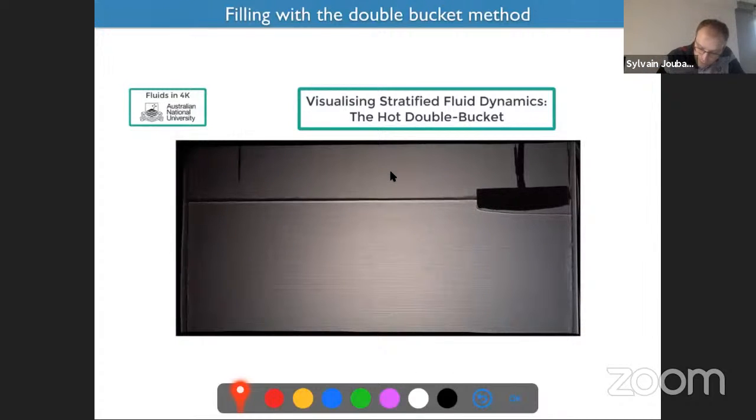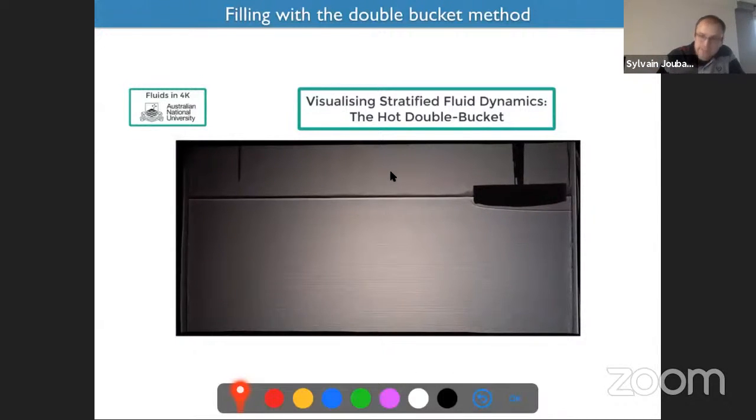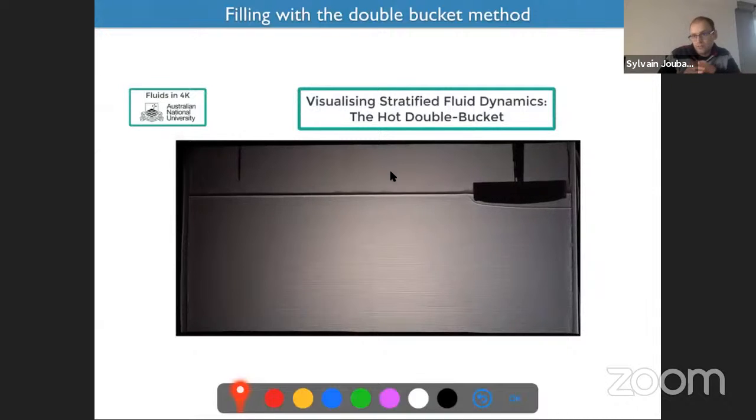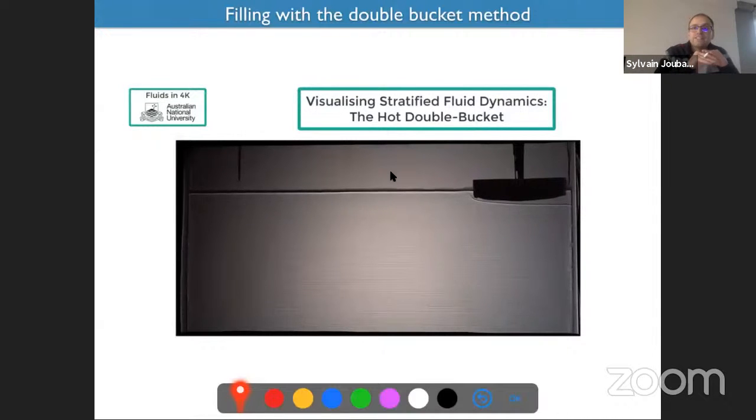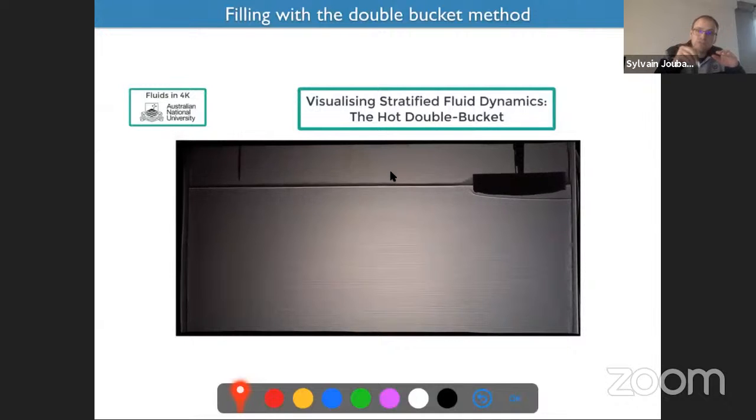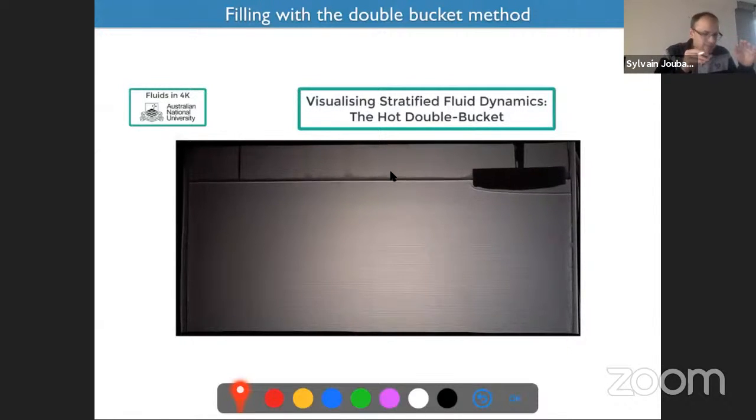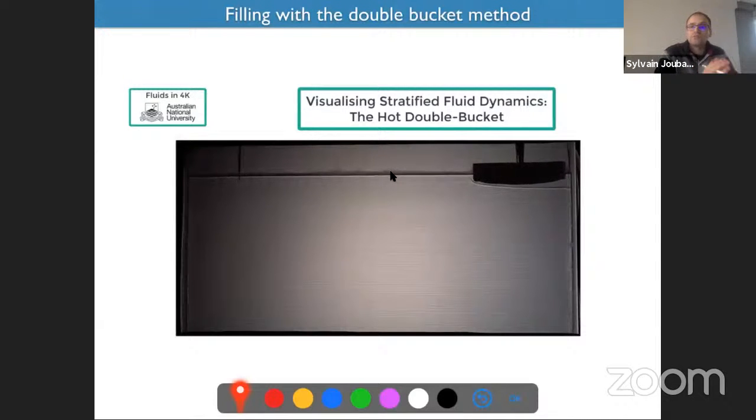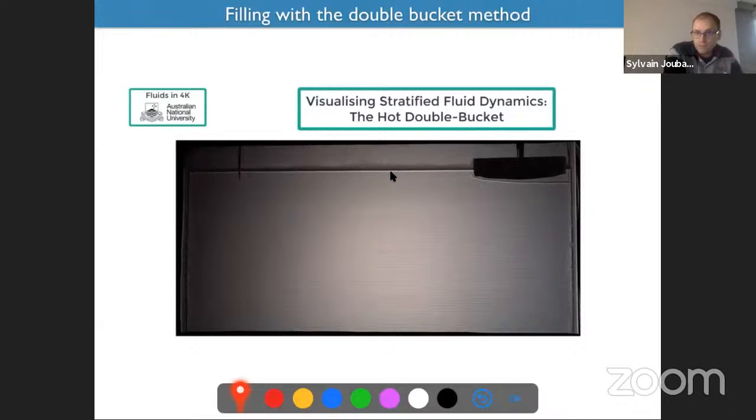So you have to design your device so that the fluid is arriving very slowly into the tank, so you don't have really vertical motion that will induce some mixing. It means that the flow rate Q2 that you control with a peristaltic pump is as small as possible.